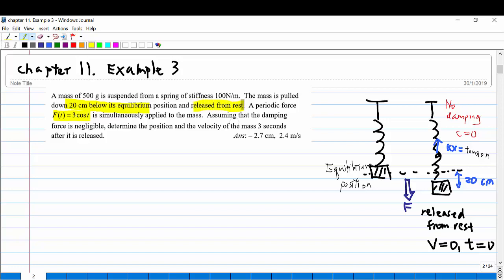So all this information is given there, and the tension in the spring with the stiffness 100 Newton per meter is also given.